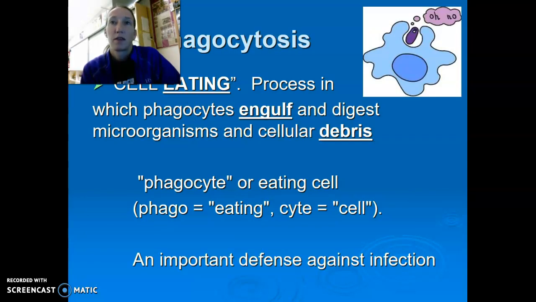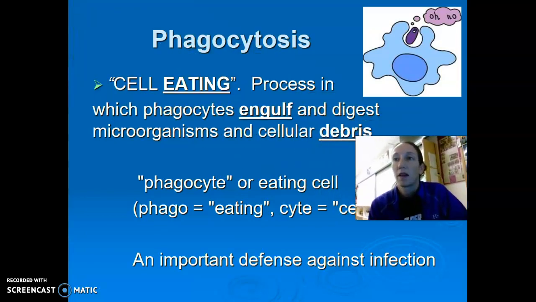So let's just talk about this cell eating. This is a really cool process because, once again, the cell's in a state of eating. So it's the process in which phagocytes engulf and digest microorganisms and cellular debris. So this is like bacteria.